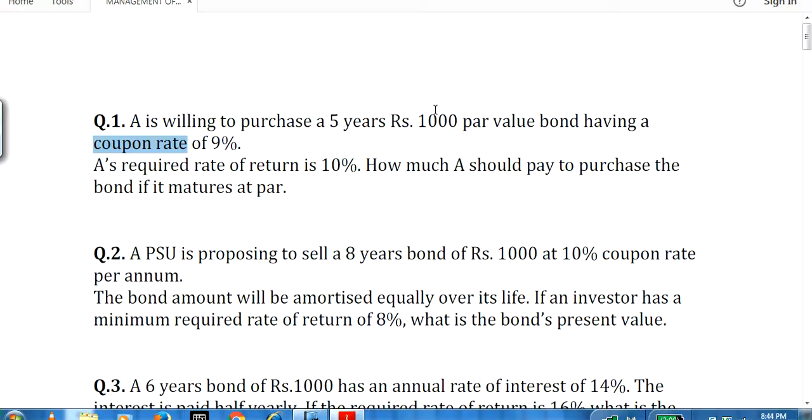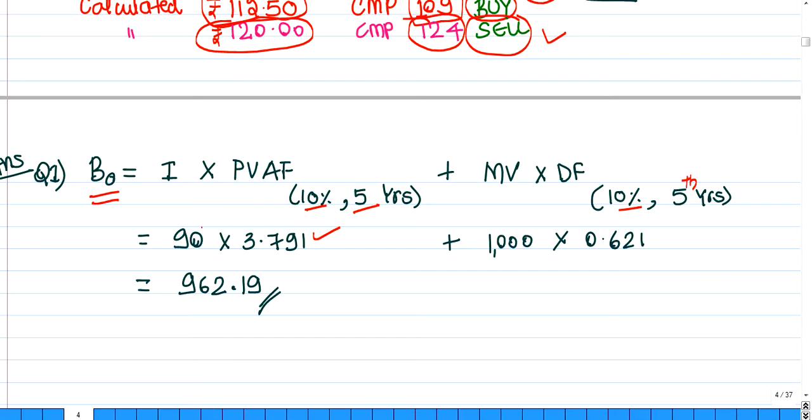So the amount is 1000 into 9%, that is 90, into 3.791, that is 341.19, plus 1000 into 0.621, that is 621.